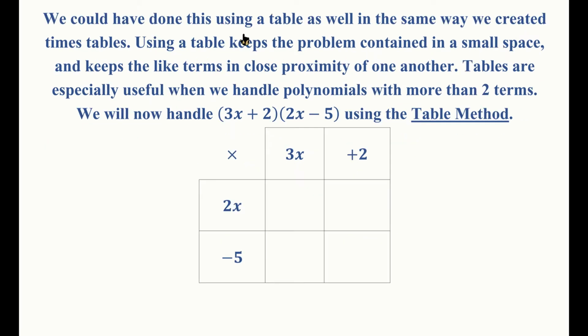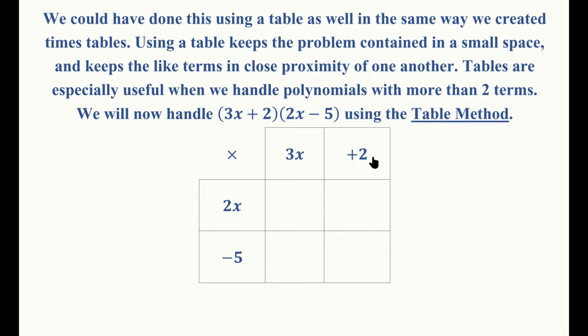Now, we could have done this using a table as well, in exactly the same way that we used to create times tables. So what we do is we'll go ahead and write one of the polynomials that is being multiplied horizontally, and we'll go ahead and write the other one, the terms for each one, we line them up vertically. Makes no difference which one we put where.